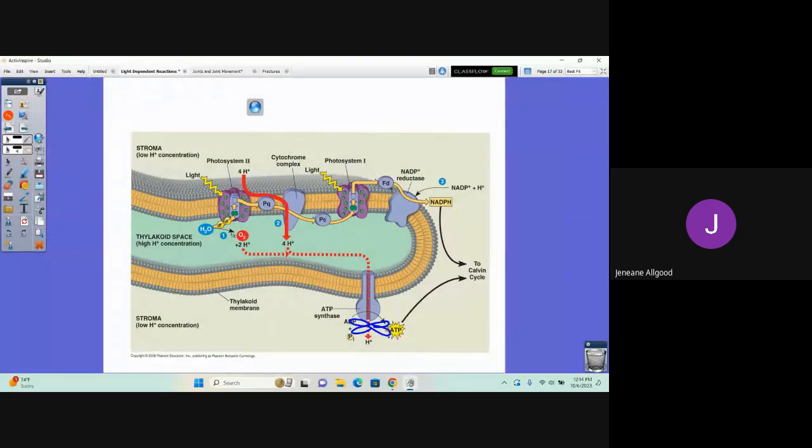The NADP plus and H pluses are out here in the stroma. Can you tell me where those H pluses came from? The windmill. There you go. They came from down there. Exactly. So the H pluses that are here came from there. And in your poster activity, you'll be showing that.